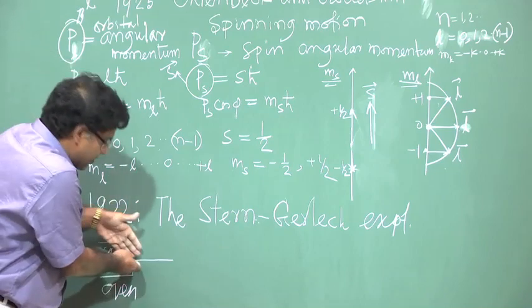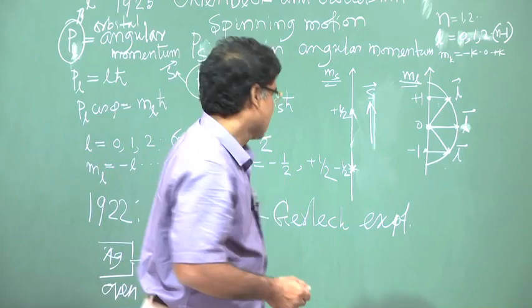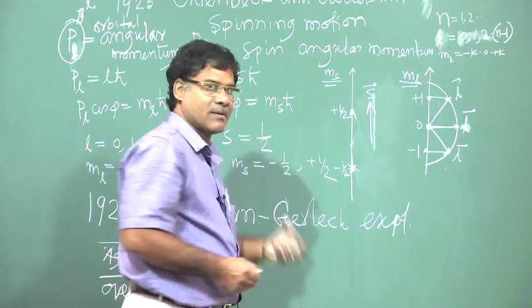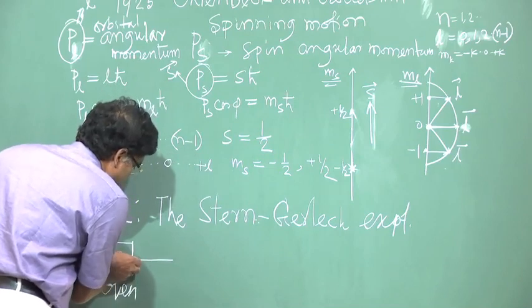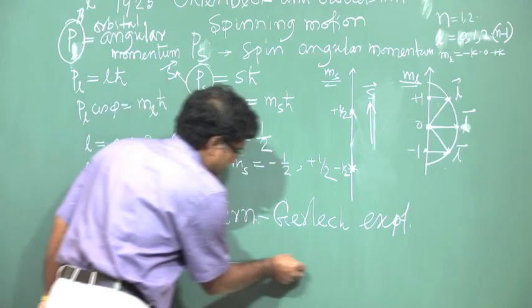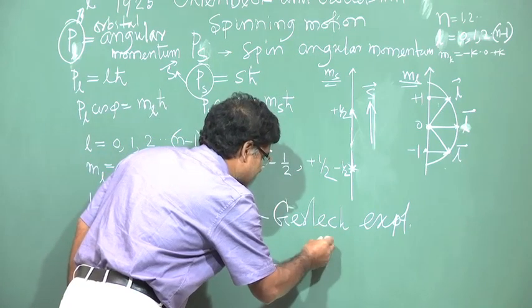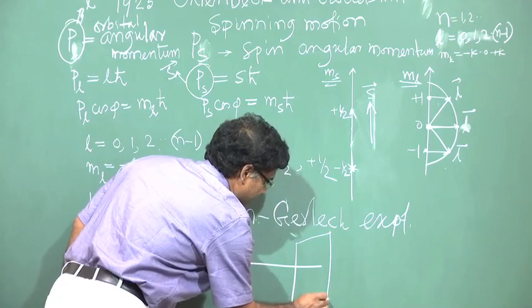It was collimated, passing through a small hole. So, a beam of silver atoms was coming, and then here one screen was put, basically a metal screen.